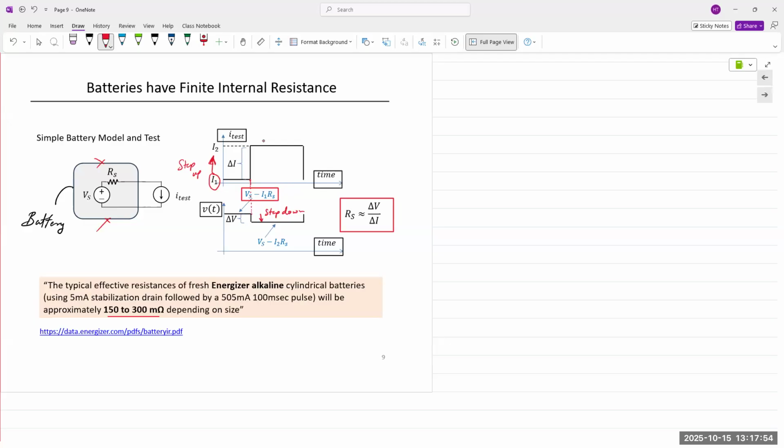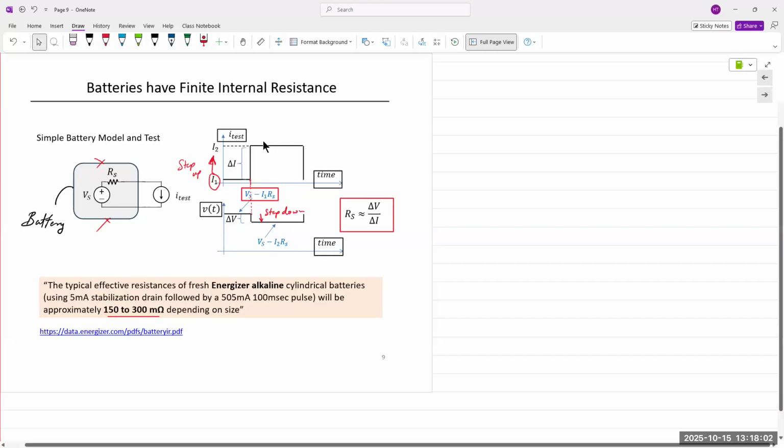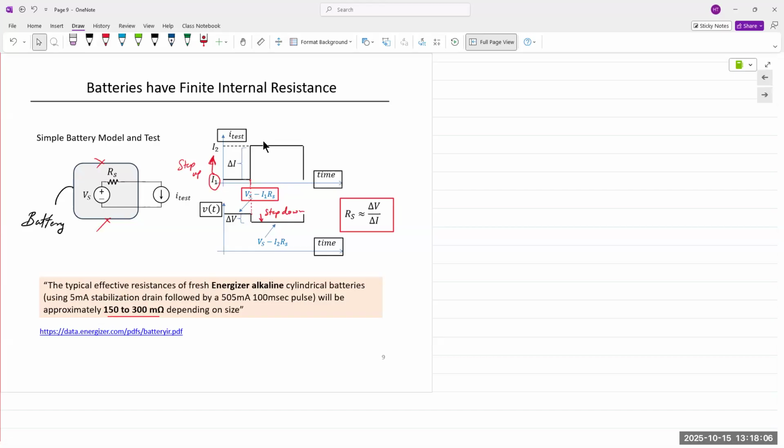For an Energizer alkaline battery, it's about 150 to 300 milliohms, meaning 0.15 to 0.3 ohms. Very, very small, but it's present nonetheless. Not an ideal source. An ideal source doesn't have resistance, but no such source exists in real life.